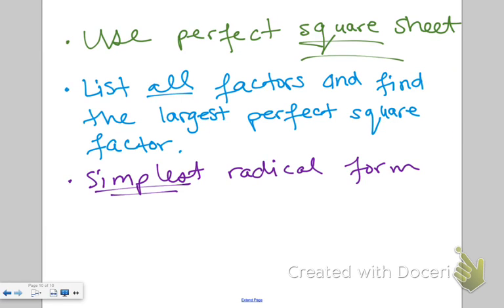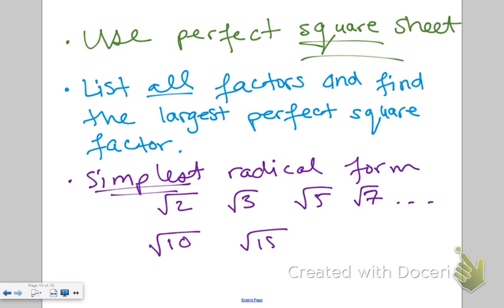Make sure that you are in simplest radical form to the point where you can no longer break down that square root number. So prime numbers such as the square root of 2, the square root of 3, the square root of 5, the square root of 7, and so on. Or not even prime numbers. You can have numbers that don't have factors that are perfect squares, such as 10 or 15, right?